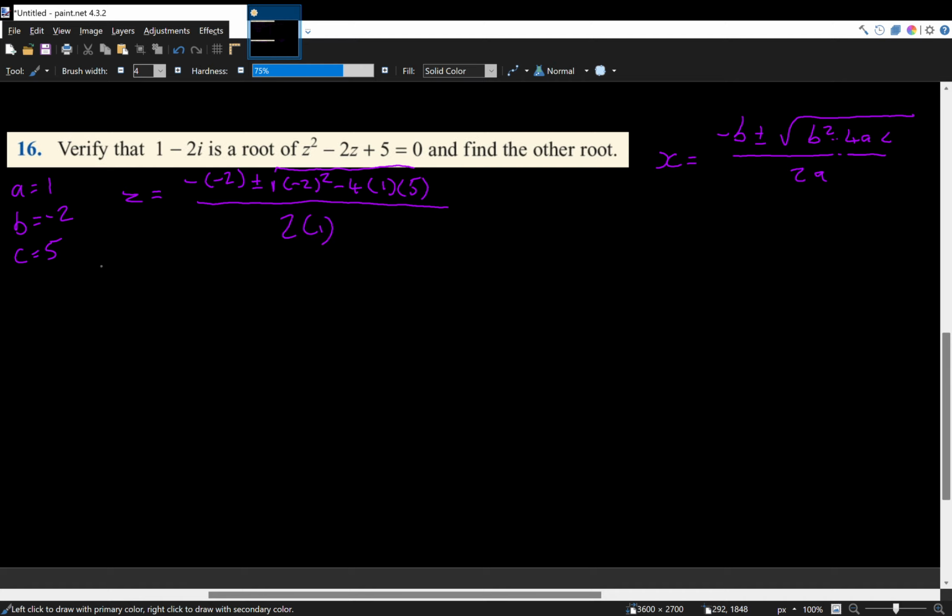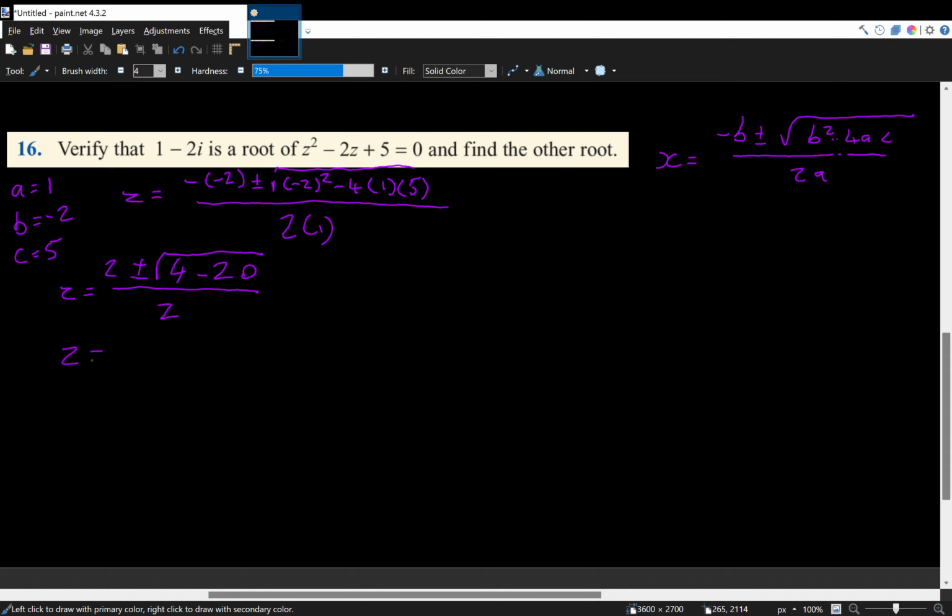I'm just going to tidy that up a little bit. So we're going to get z is equal to, so minus minus 2 is just 2. Minus 2 squared is 4. And then minus 4 times 1 times 5 is going to be minus 20. And that is still under a square root. This is all over 2.